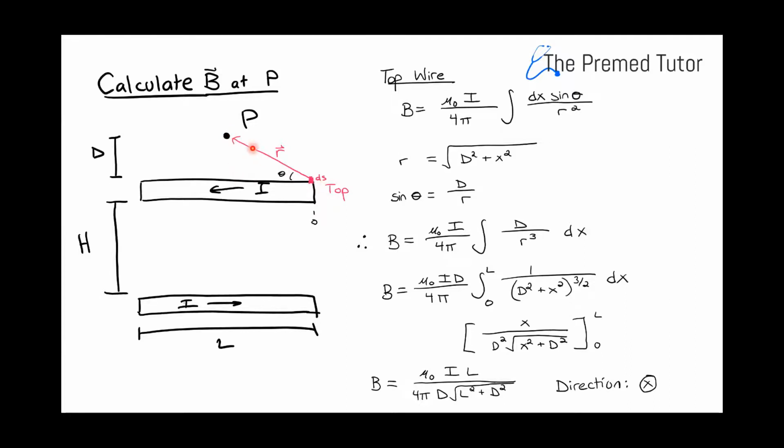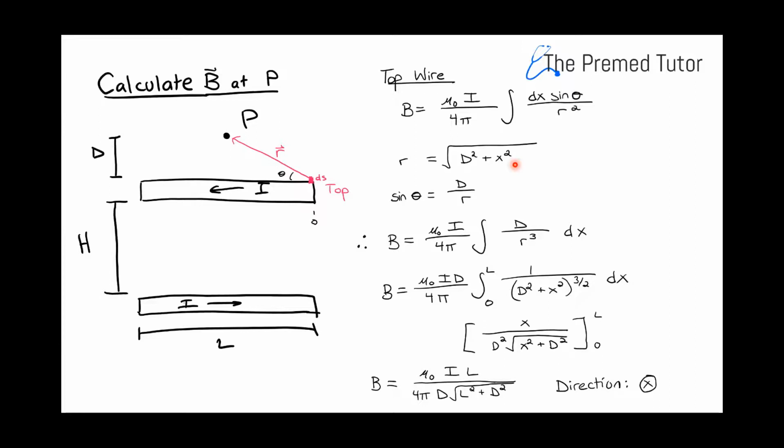So considering that this r vector will always be the hypotenuse of our triangle, r squared is equal to d squared, the y value, plus x squared. Again, that's just the Pythagorean theorem. Therefore, r is equal to the square root of d squared plus x squared, just to be explicit about what r is.